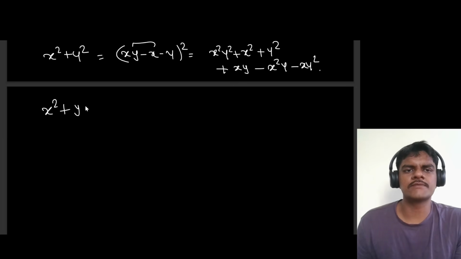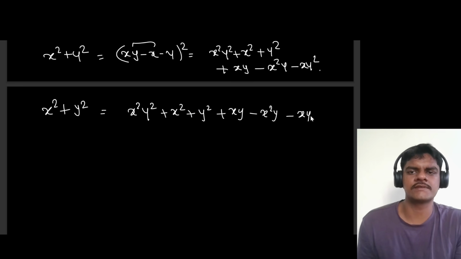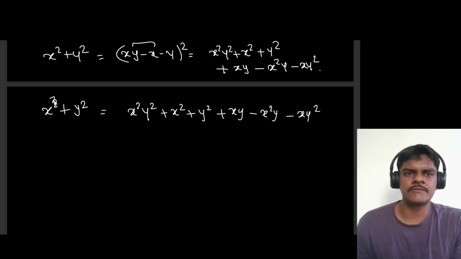So x square plus y square will be equal to x square y square plus x square plus y square plus xy minus x square y minus xy square. So obviously these two will get cancelled. We're left with this, this, and this.